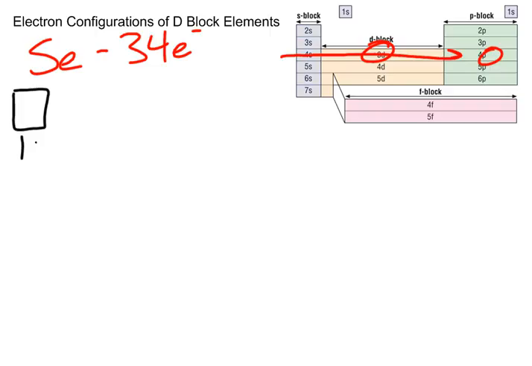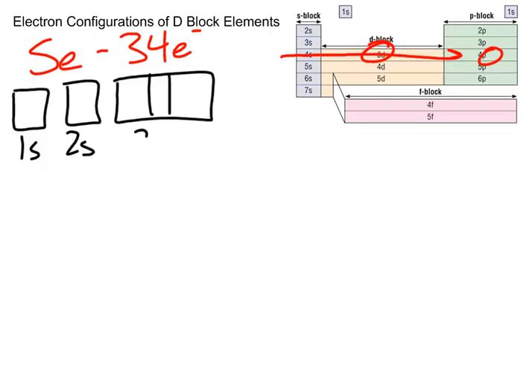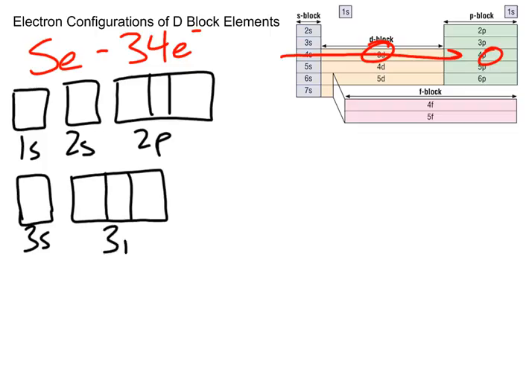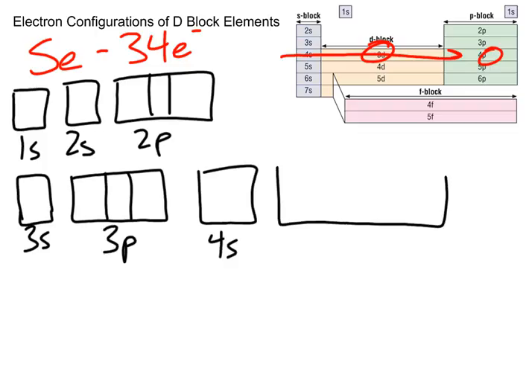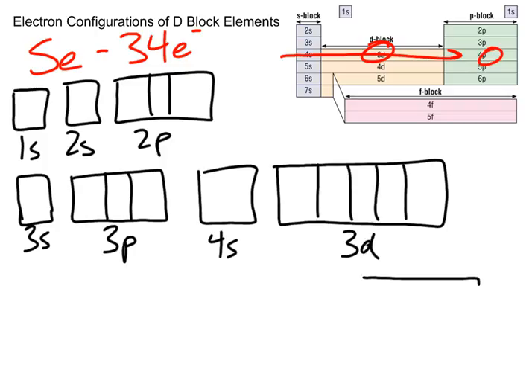There's my 1s, there's my 2s, there's my 2p, 3s, 3p, 4s, 3d, and then I have the 4p orbital. Okay? So let's fill out our electrons.